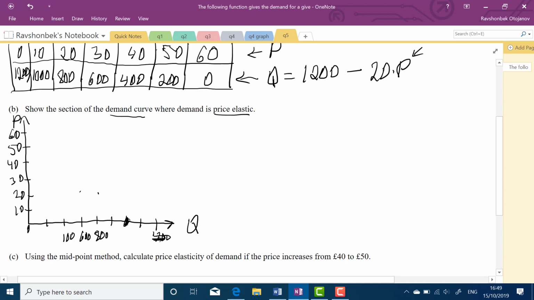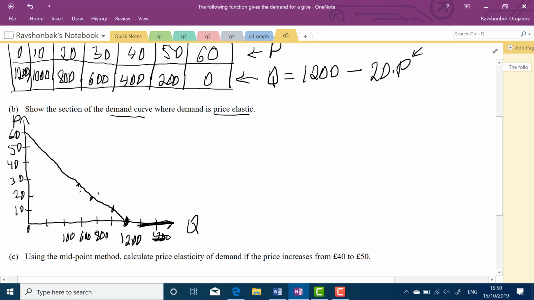So this would be 1,200 here. Right, now if I were to draw this, it looks like this. A straight line. I just connected the points.